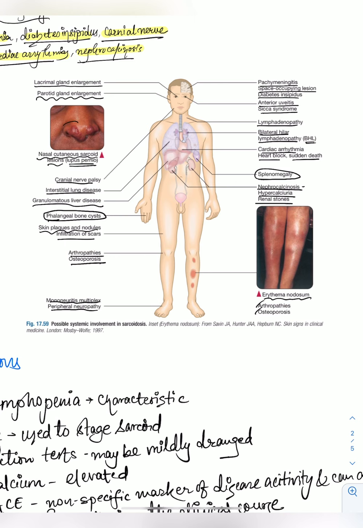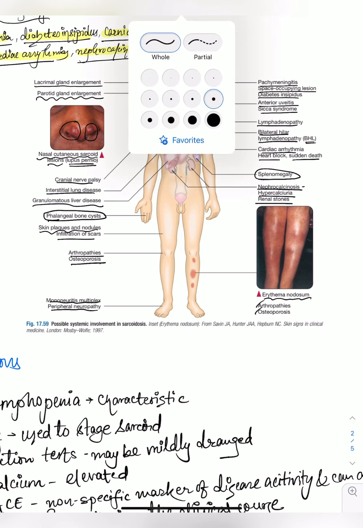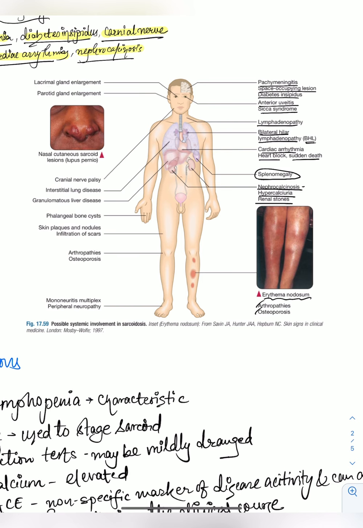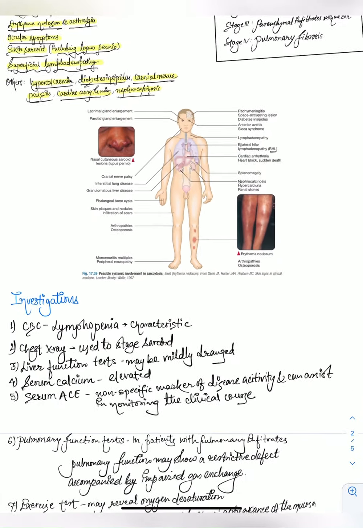You can see it in the image. So from the image you can easily remember the clinical features.